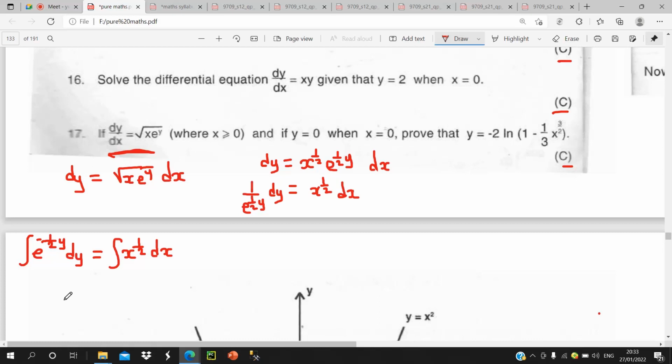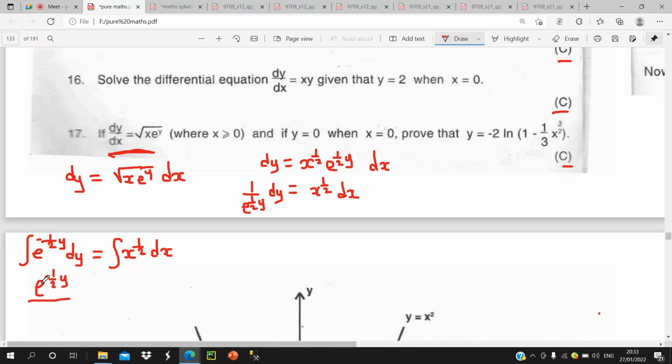I'm not sure, but I think it's minus half e to the minus half y. Because if you integrate this, you take it as it is, right? E to the power of minus half y, right? Yes.